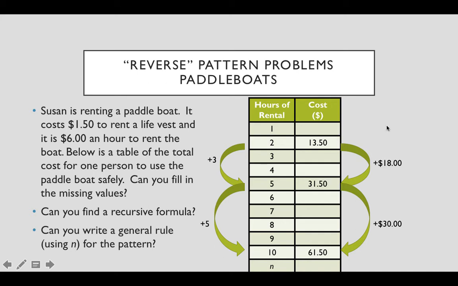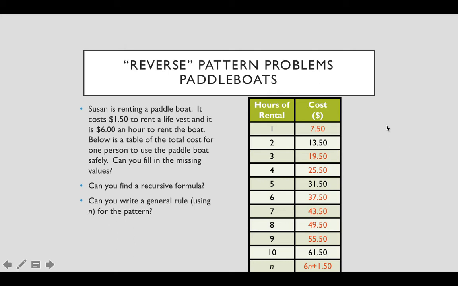And now that I know that, I can go ahead and put these numbers in and think a little bit about this closed formula. Because this is 6, every time the hour increases by 1, the cost increases by 6. Again, if I back up to no hours, and I subtract 6, I can see that even if I don't rent the boat, I've got to pay for the life vest, right?